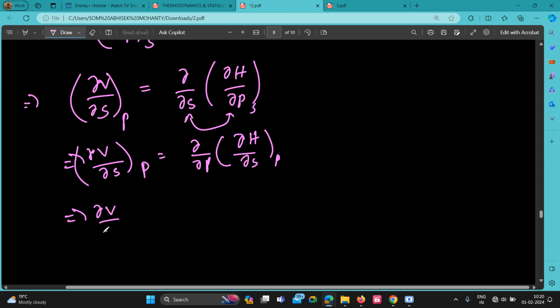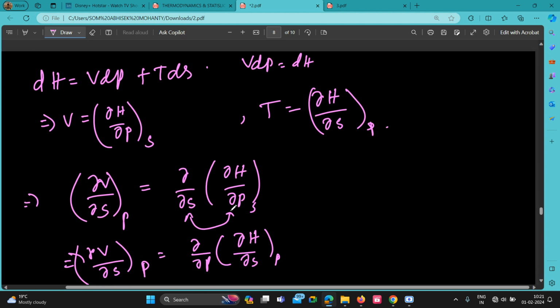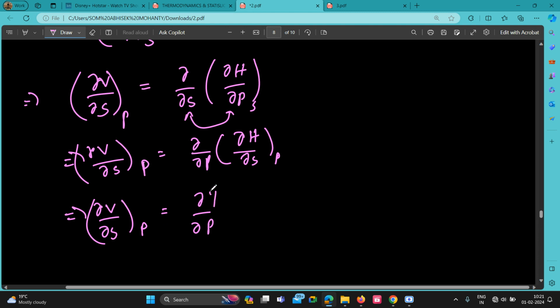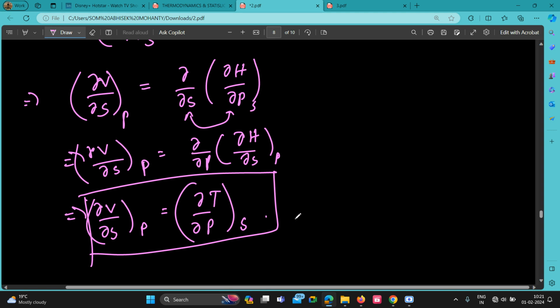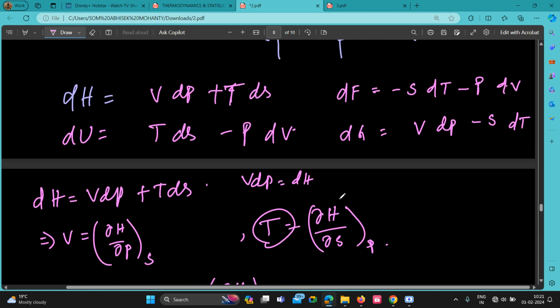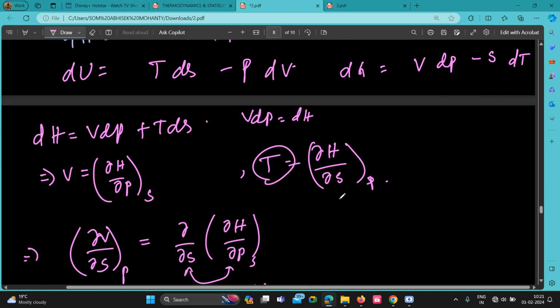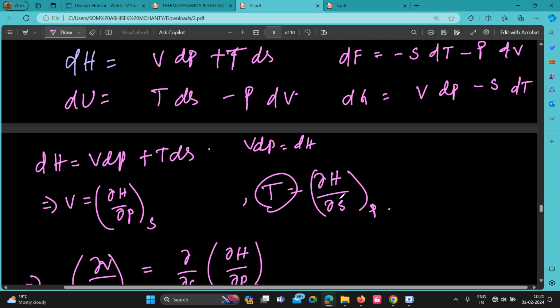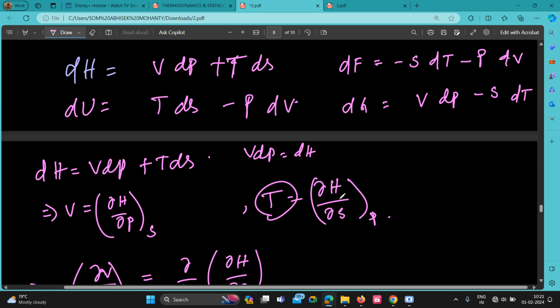So del V by del S at constant pressure is equal to del by del P of del H by del S. Now what is del H by del S? Del H by del S is T. So just put it here: del T by del P. Yeah, so this is one equation. Okay, this is one potential. Exactly like this, we can derive all of the potentials from these formulas. Clear? So let me do another one and then you will do the other ones.